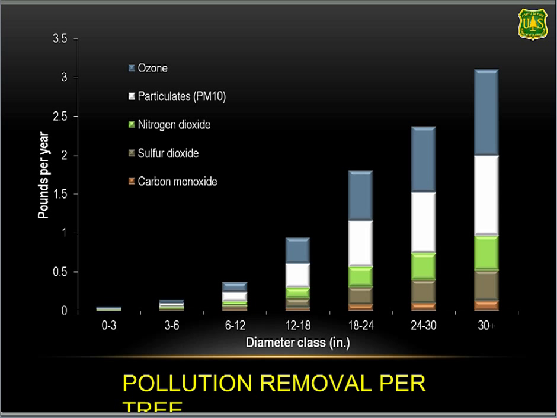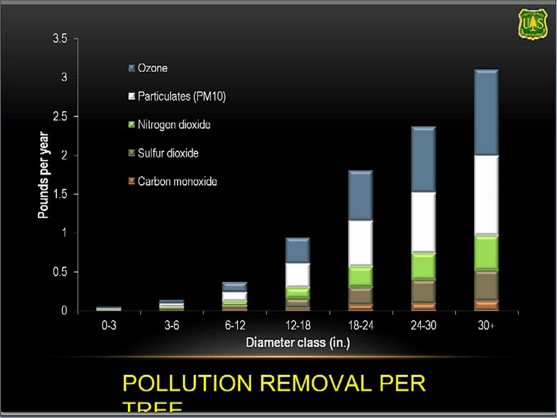What this graphic shows here is the relative differences based on tree size and the relative differences based on the type of pollutant. So you can see again, trees do their best at removing ozone and particulate matter, followed by nitrogen dioxide, sulfur dioxide, and then finally carbon monoxide.